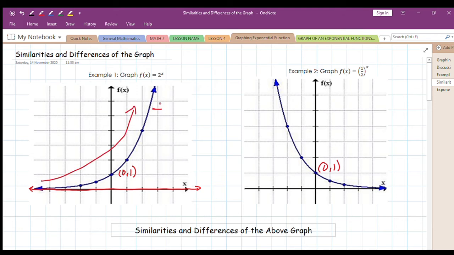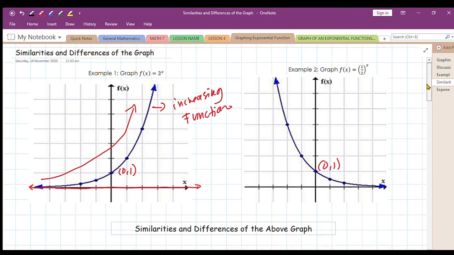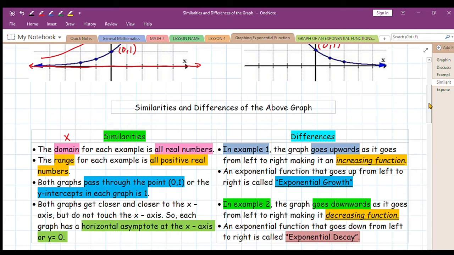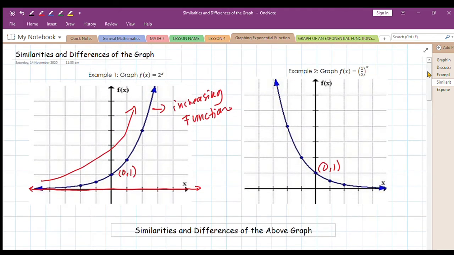So this is an increasing function, and an exponential function that goes up from left to right is also called exponential growth.